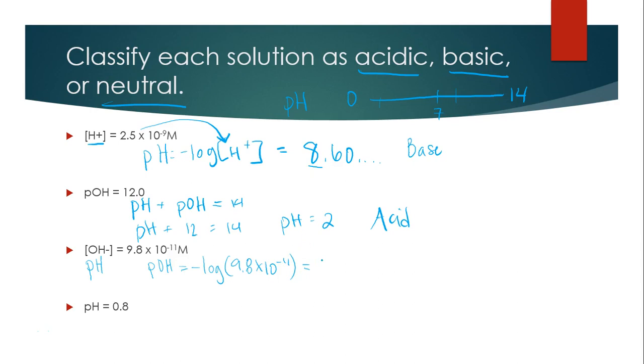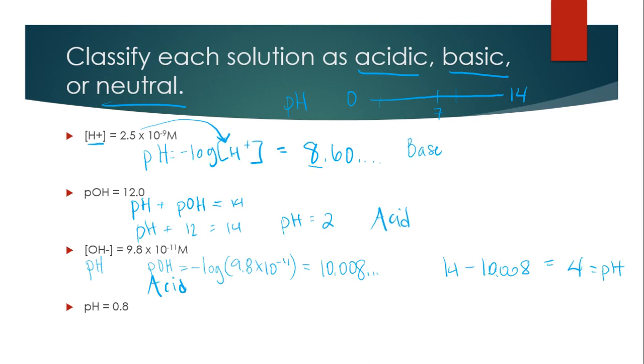And I got that that was a pOH of this. Then I did 14 minus that number in my calculator to get basically a pH of roughly 4. And if it has a pH of 4, then that makes this one an acid.